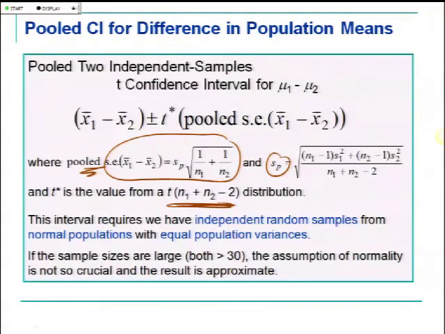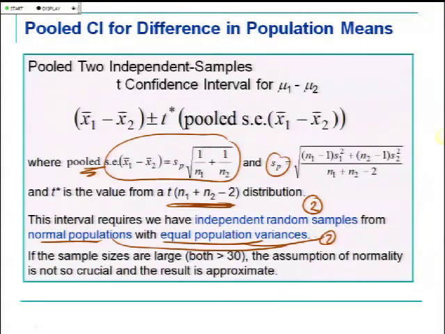There's the extra piece in this box compared to the other one in terms of conditions. I think of there being two conditions about the samples. They're put together in that one phrase, independent random samples. And then I think of two conditions about the populations. Here are two populations.